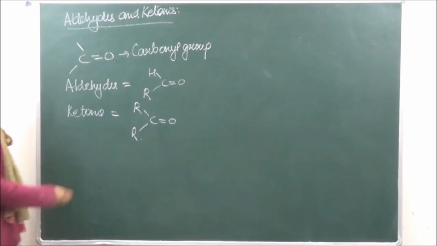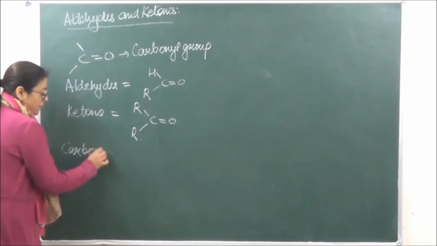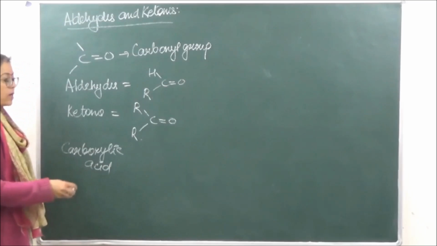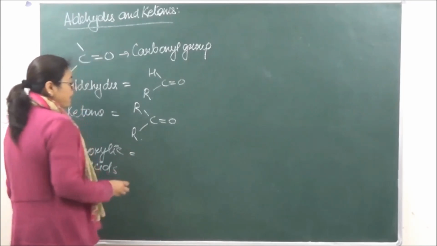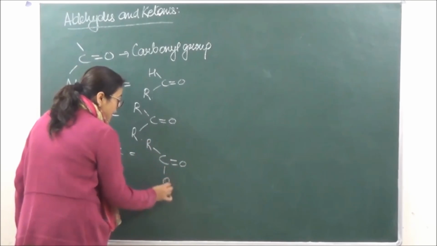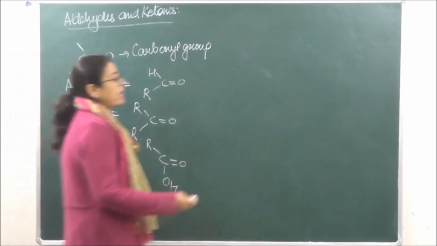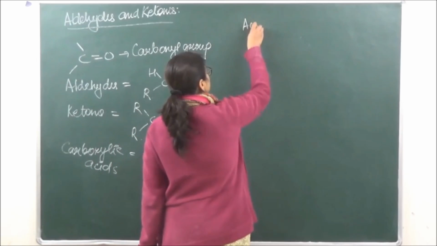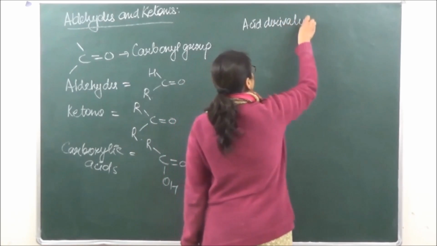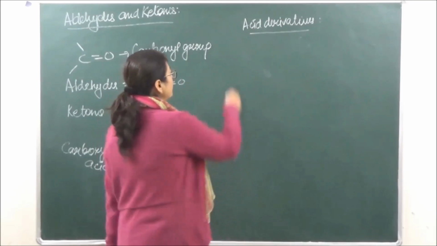ठीक है, और फिर उसके बाद हमारे पास आते हैं कार्बोक्सिलिक एसिड्स. Carboxylic acids क्या हो गए? They are going to be C double bond O, R and OH. अब carboxylic acids के बहुत सारे derivatives होते हैं which are known as acid derivatives. जैसे we have already studied this.